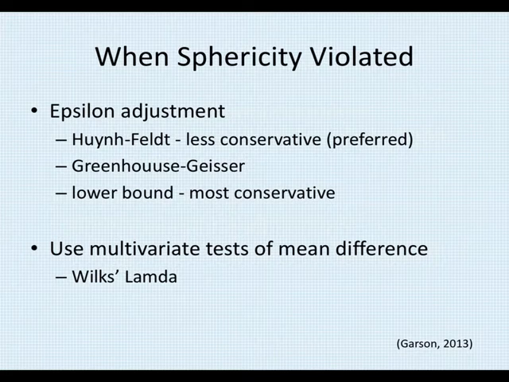Most conservative means that it adjusts stricter, so it's harder to get a significant p-value. So these are three options, and for the sake of the homework assignment or test, this would be the one that's preferred. To give you a hint, I think in the homework assignment it will be validated. So make sure you look at this instead of the sphericity assumed one.